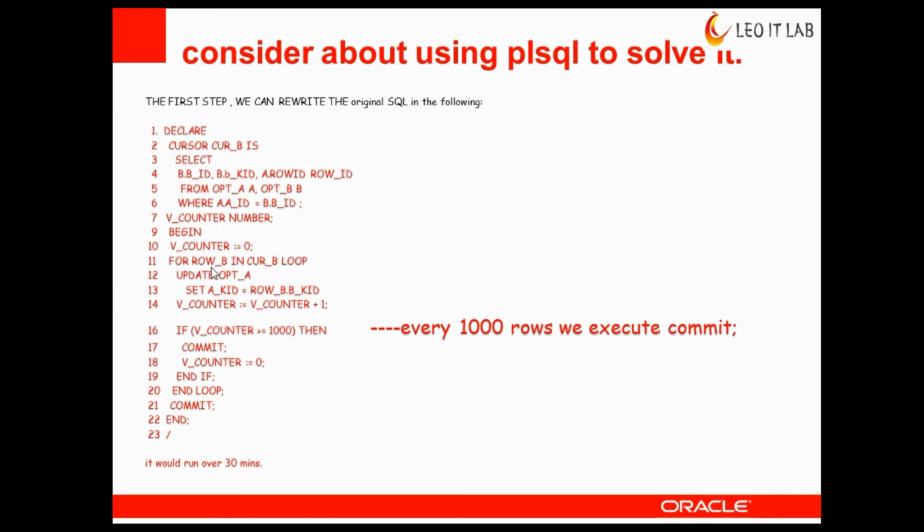For each row in the cursor loop, update table A set K_ID equal to the value, where A.ID equals B.ID. Counter plus 1. If counter is more than 1000, then commit, and we set counter equal 0. This is a loop.